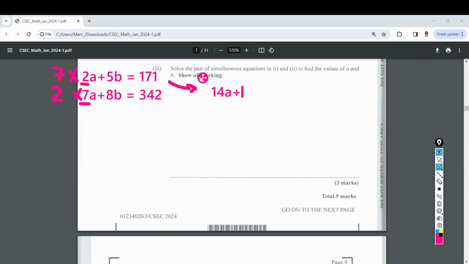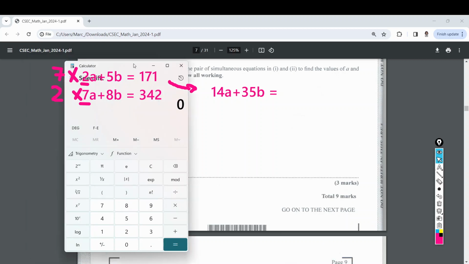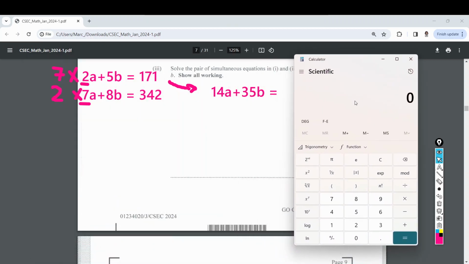plus 35b is equal to, I think it's 1197. Let's just use our calculators, guys. I encourage you to use your calculators here in this exam. Please use it. Remember, this is paper 2, so you're gonna get a calculator to use. So 171 multiplied by 7.